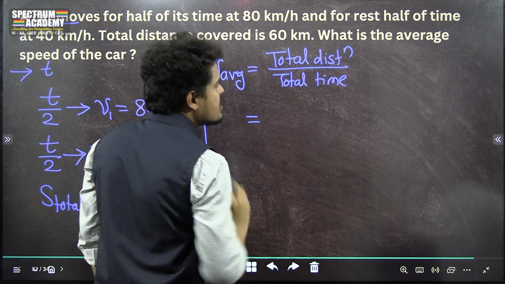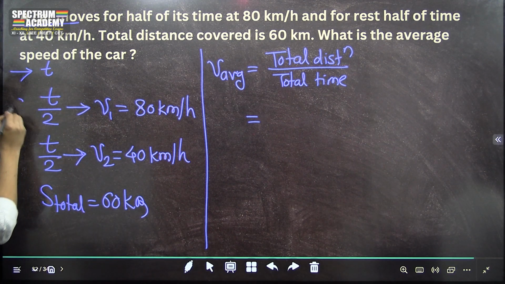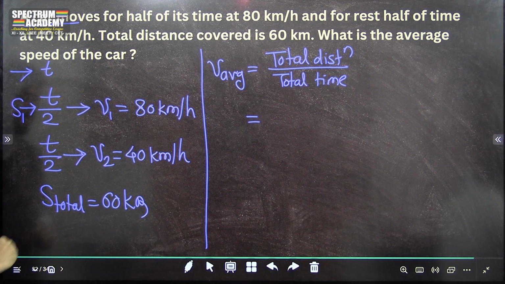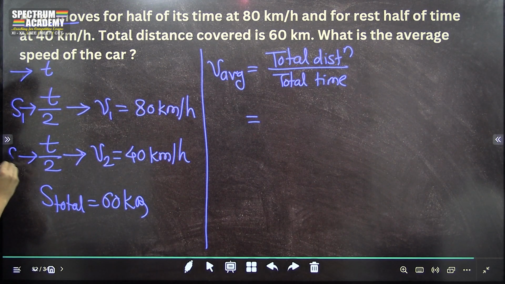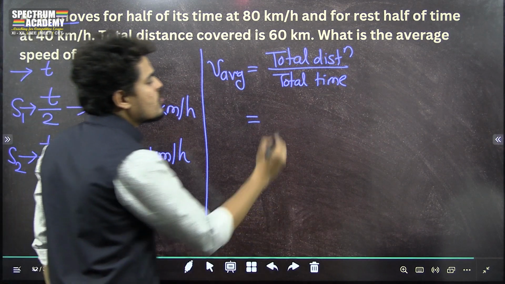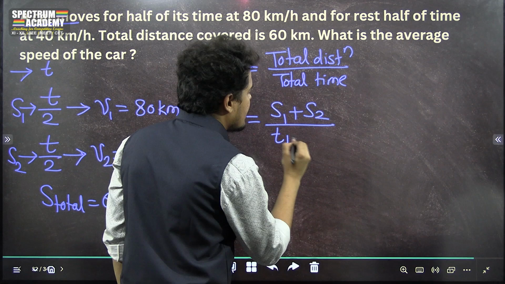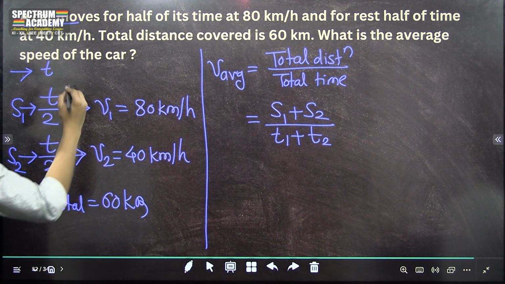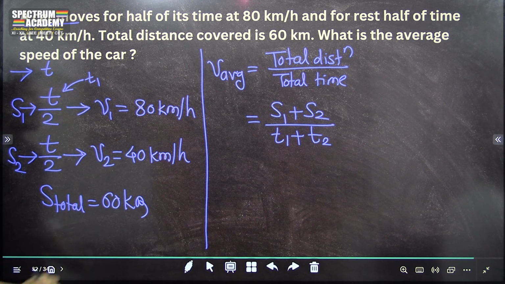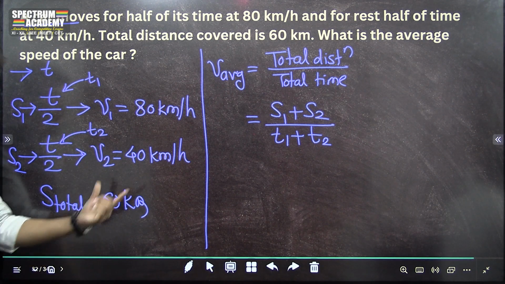So total distance अगर in time t by 2 with speed v1 अगर वो distance s1 cover कर रहा है और in time t by 2 with speed v2 वो distance s2 cover कर रहा है, then total distance will be s1 plus s2 and the total time will be t1 plus t2. So t1 is nothing but this, the time with speed v1. t2 is nothing but this, the time with speed v2.